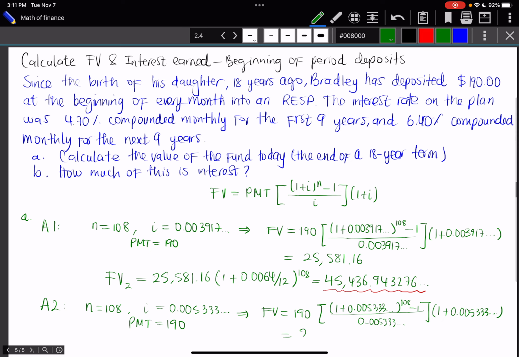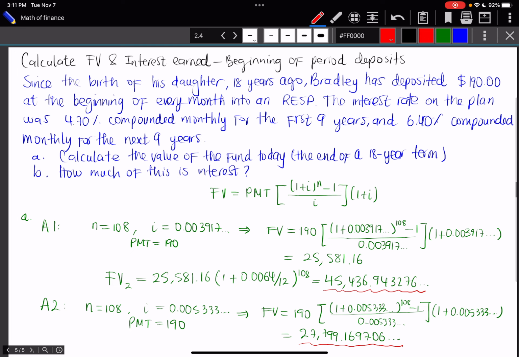We find 27,799.169706, etc. There we have the future value of the second annuity.